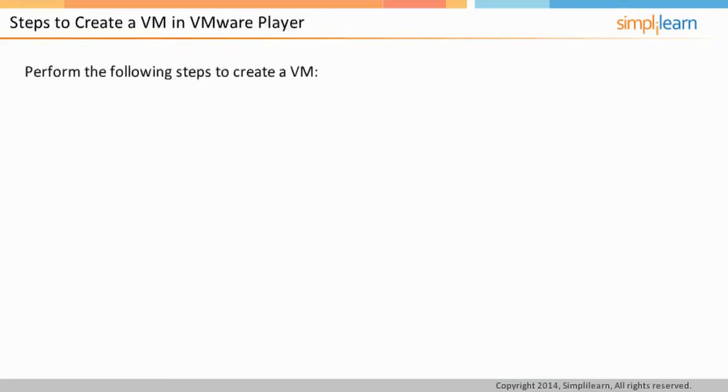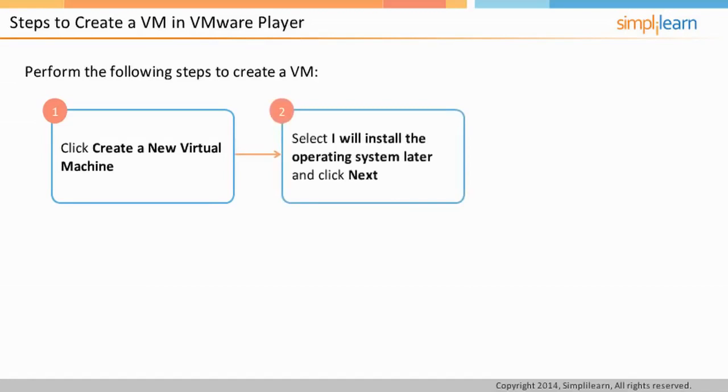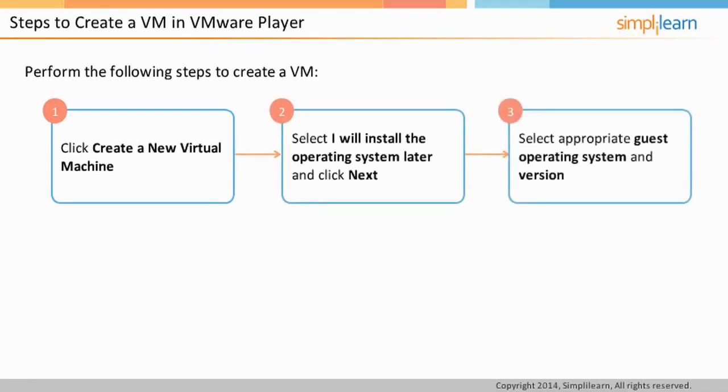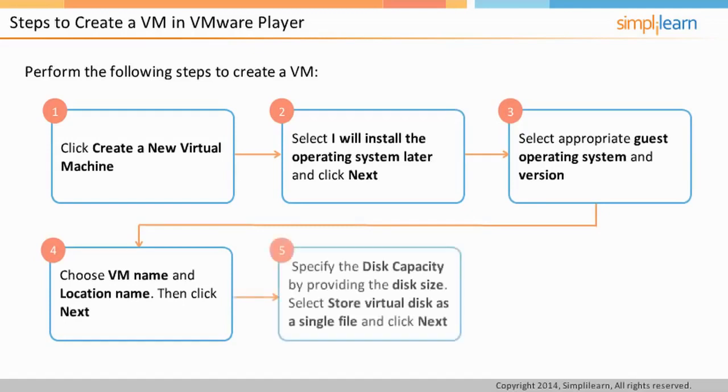Perform the steps shown on screen to create a VM. Click Create a new virtual machine. Select I will install the operating system later and click Next. Select the appropriate guest operating system and version. Choose VM name and location name and click Next.